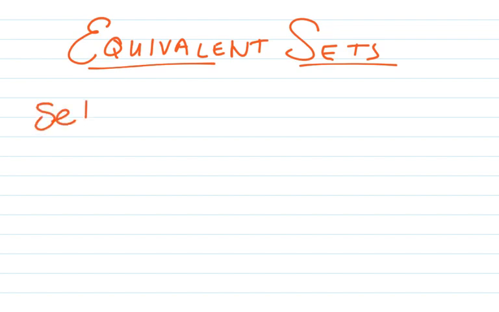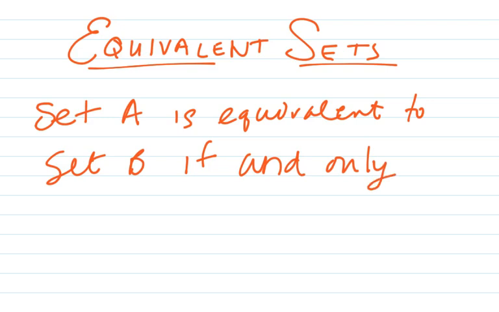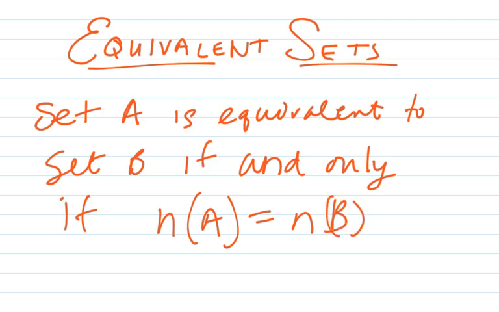So we say that set A is equivalent to set B if and only if the cardinality of A equals the cardinality of B. Looking back at the one-to-one correspondence, essentially any two sets that have one-to-one correspondence with one another must be equivalent to one another because they must have the same cardinality.